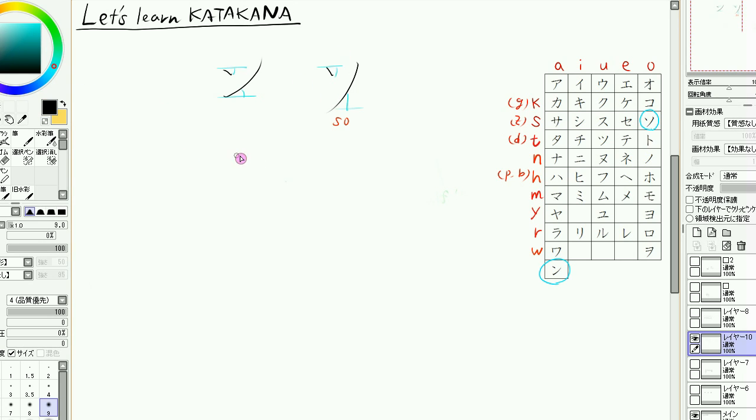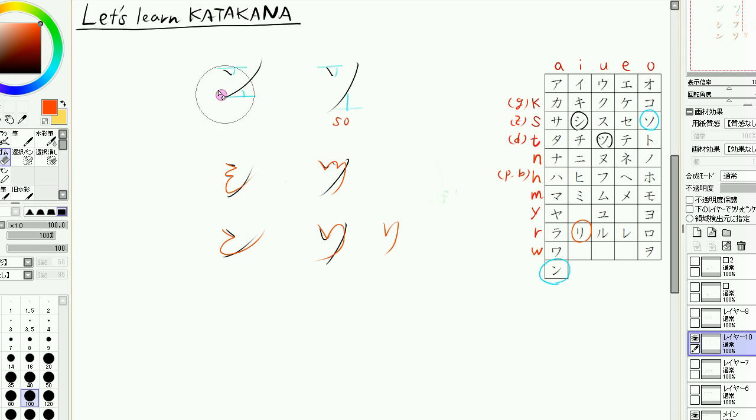And there's a good reason for that, because this was exactly the case with "shi" and "tsu": they go 1, 2, 3, and they go 1, 2, 3. That's exactly what is going on with this one and "so". So this character and "so", we go 1 and 2, and 1 and 2. Okay, but if you make it too vertical, like this, that will be mistaken as "ri", I guess. So be careful.